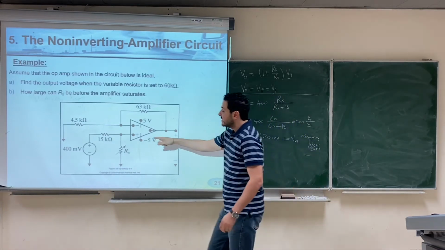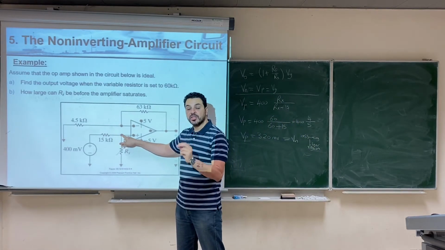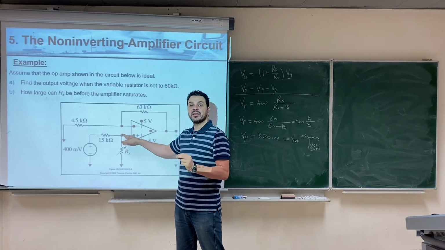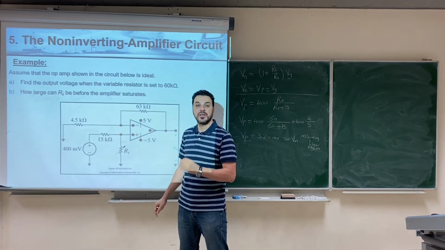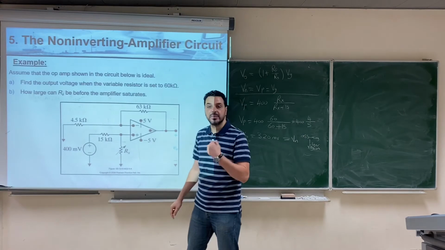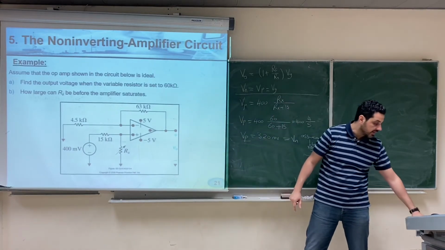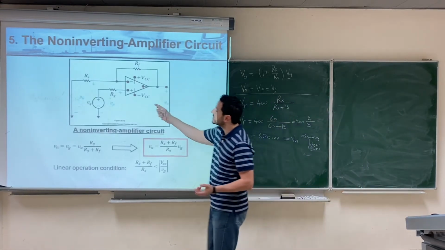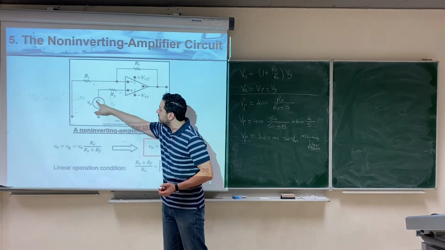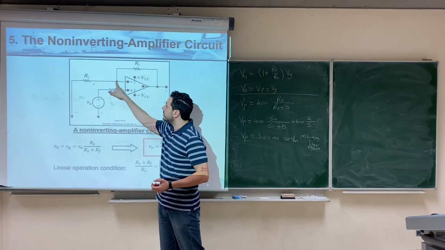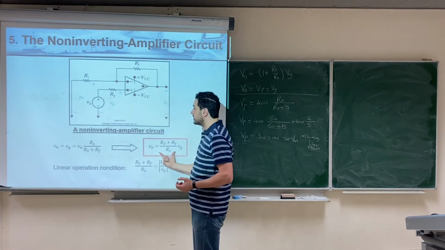And this voltage is actually the voltage that was amplified in the non-inverting amplifier that we analyzed in the previous slide. If we look at that non-inverting amplifier, Vp was equal to Vg, and this is the voltage that was amplified using this relation, right?